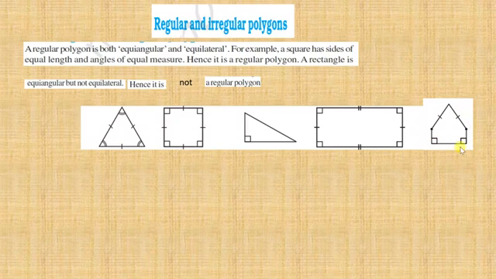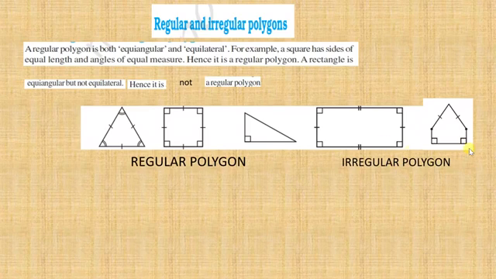This pentagon is also irregular because these two angles are of 90 degree and the upper one is an acute angle. These two angles are obtuse angles, so it is an irregular polygon. So these last three are irregular polygons and the first two are regular polygons.